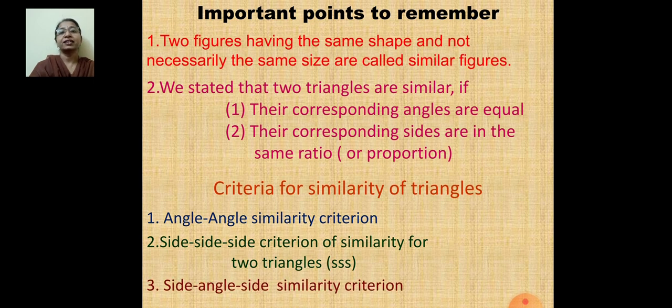And the third is the side angle side criteria, in which two sides of one triangle are proportional to two sides of the other triangle and the angles included between those two sides are equal. So these are the three criteria we have seen.